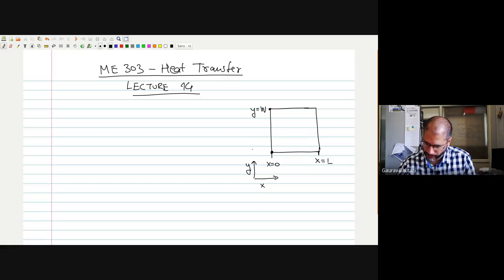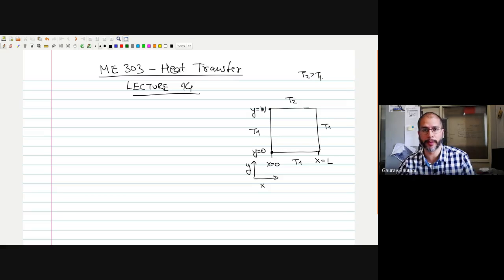It's a rectangular cross section, and this one is y equals 0. This is the cross section of a rectangular rod which is maintained at temperatures T1 on 3 boundaries and T2 on the top boundary. T2 in this case we are assuming is greater than T1.